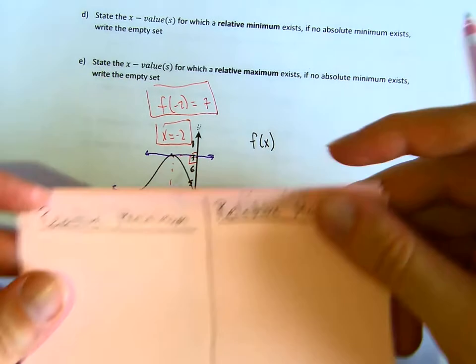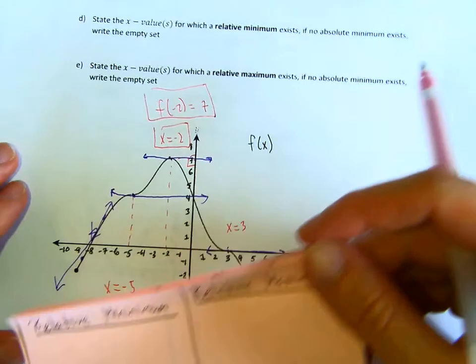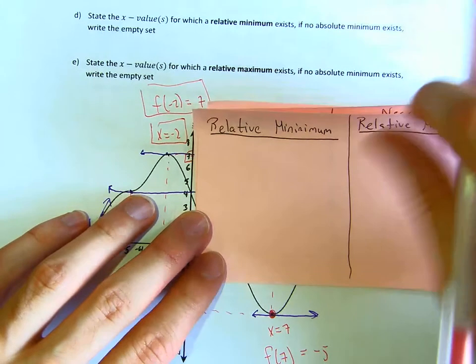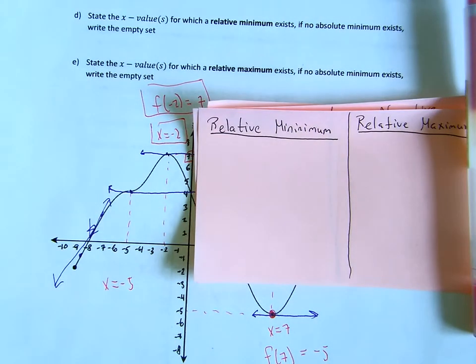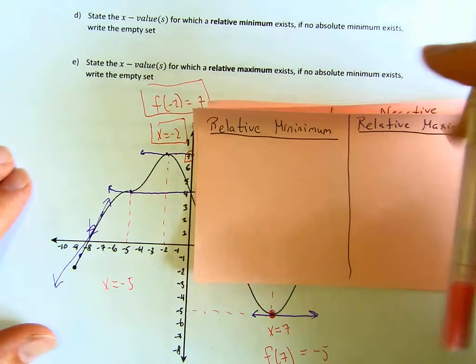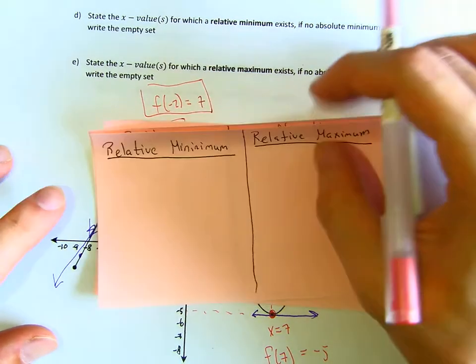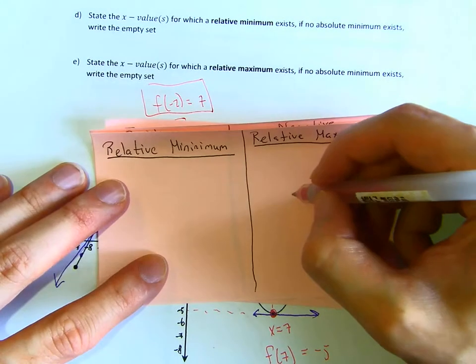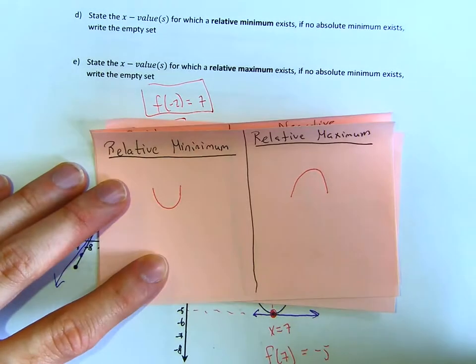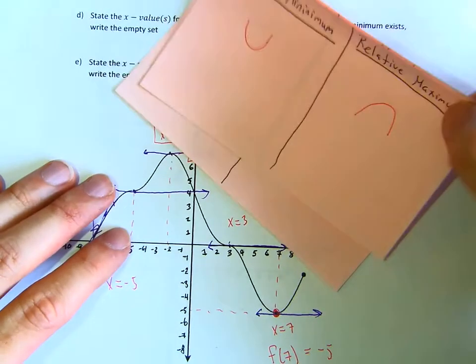For a relative minimum and a relative maximum, the idea is when the slope... Actually, let me pause the video and make sure I get the right definition. One second, hold on. To have something like this, and for a relative min, you want something like this. Now notice what's happening here.